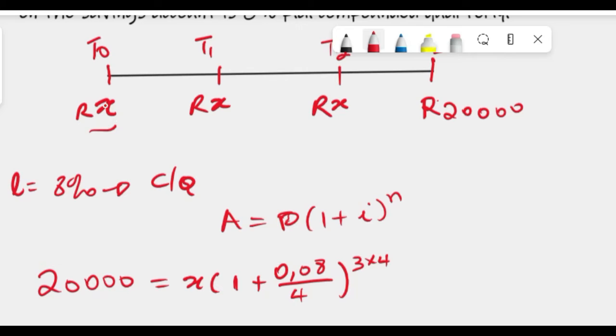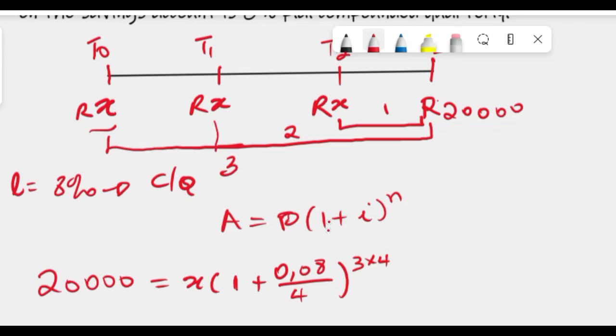And since this first X is for 3 years, that's what it's going to take for it to reach our end goal. That's the reason why we have it as 3 times 4. And the same thing would apply for T1 and T2, because this one here would be for 2 years, and this one here would just be for 1 year.